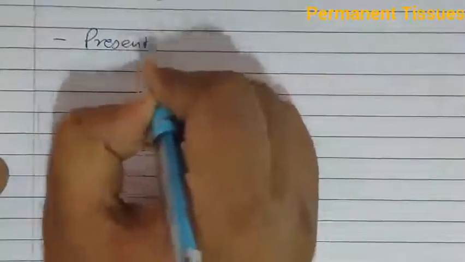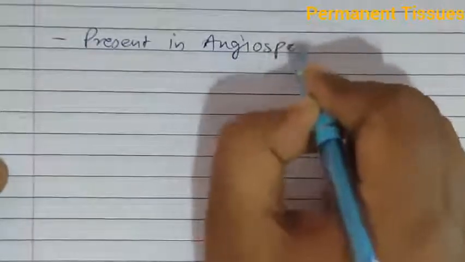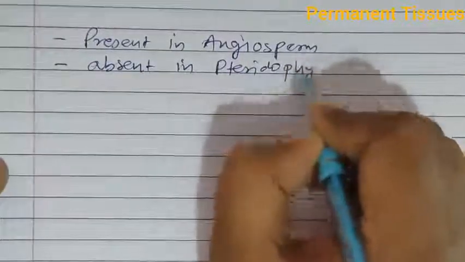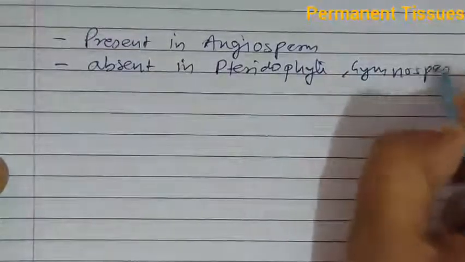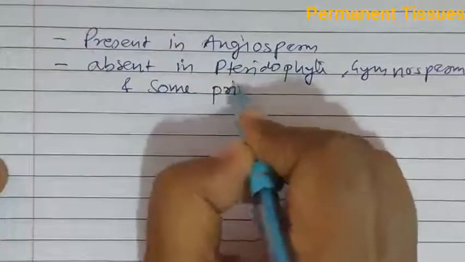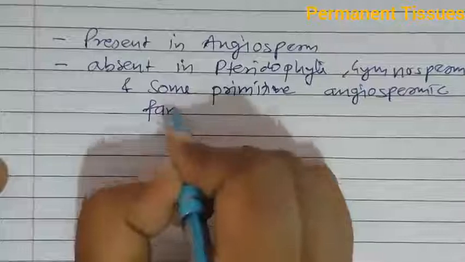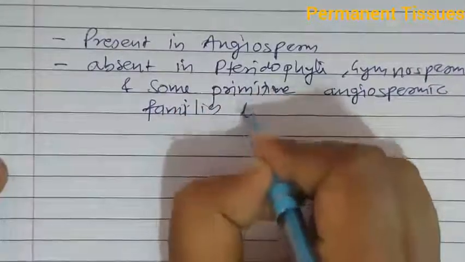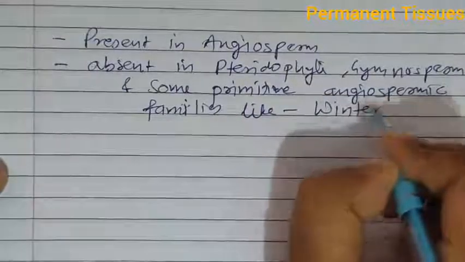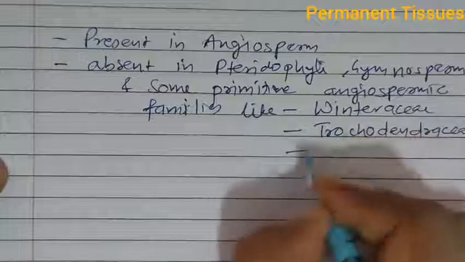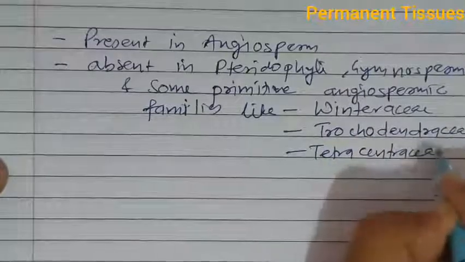Okay, so xylem vessels are present in angiosperms and absent in pteridophytes, gymnosperms, and some primitive angiospermic families like Winteraceae, Trochodendraceae, and Tetracentraceae.